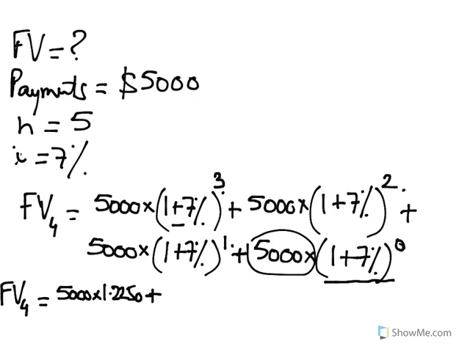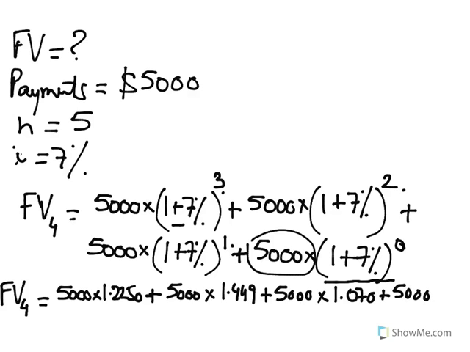And then the second one would be 5,000 times 1.449 plus 5,000 times 1.070, plus the 5,000 times 1, as we discussed.